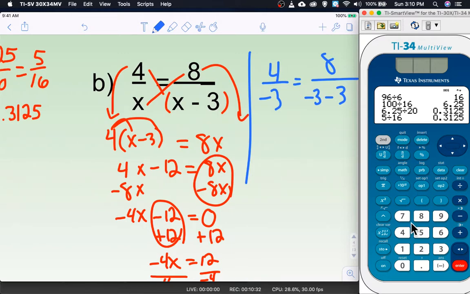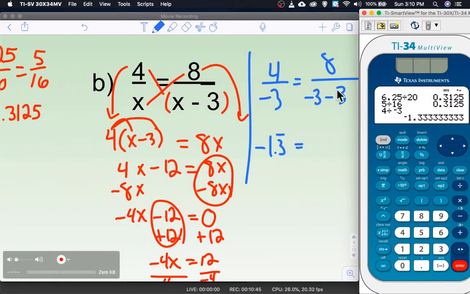And then for me to check, 4 divided by -3 is going to be -1.3 repeated.